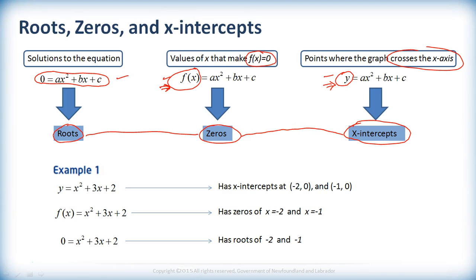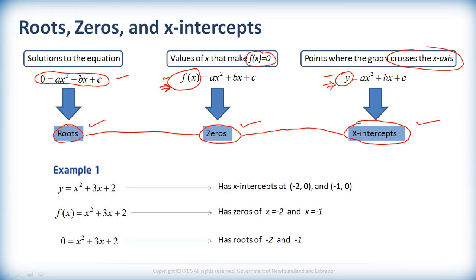Okay? So the y-coordinates, of course, are just 0 when you're on the x-axis. So the roots of the equation correspond to the zeros of the function and the x-intercepts on the graph. They're not all the same thing, but they're all the same numbers. They just have a different meaning depending on which context you're talking about them in.